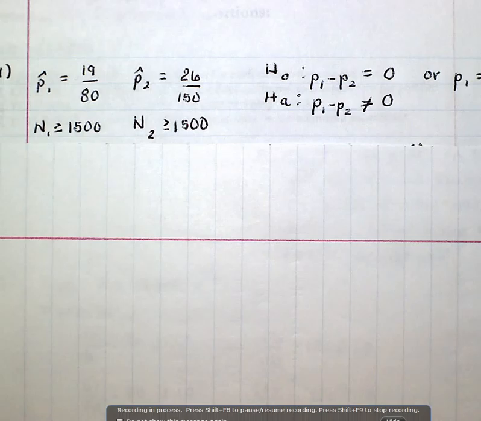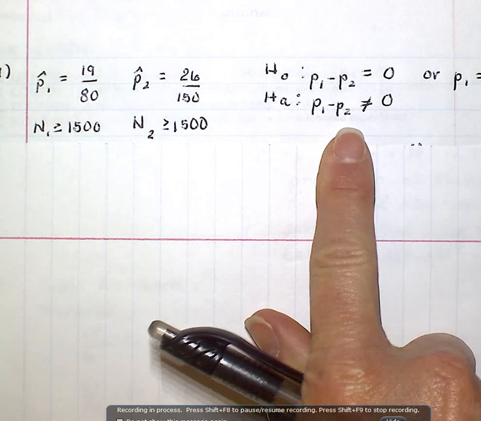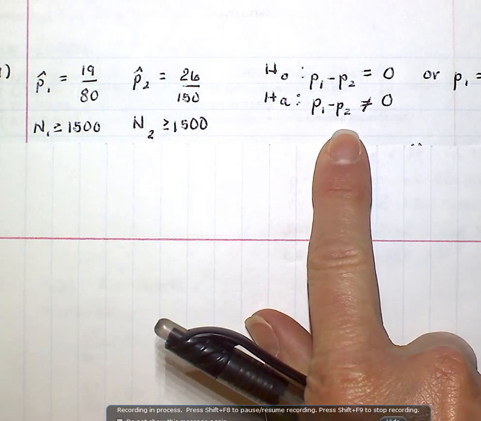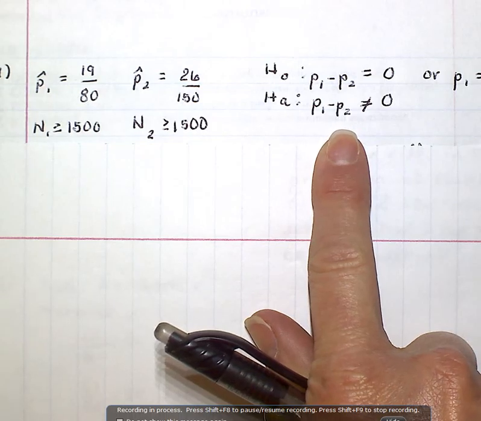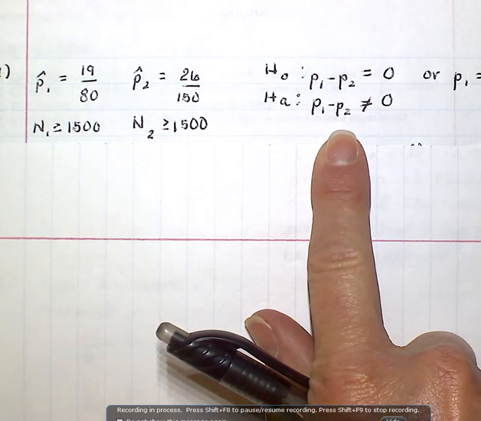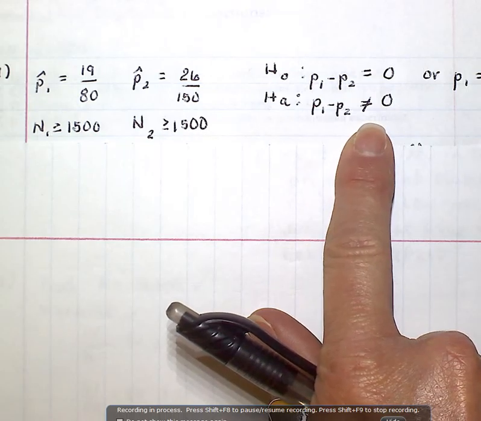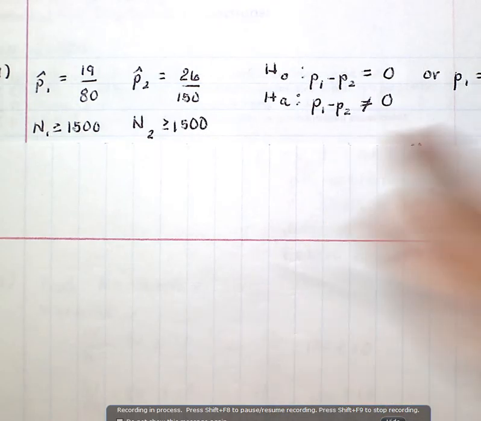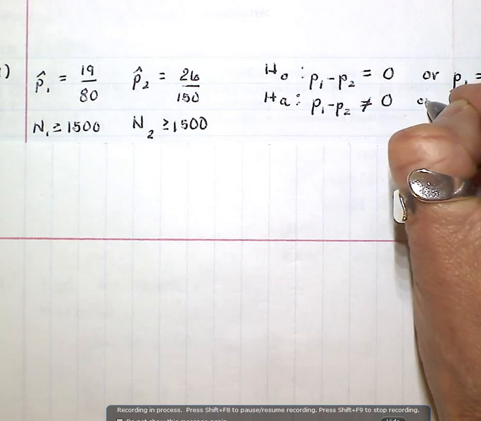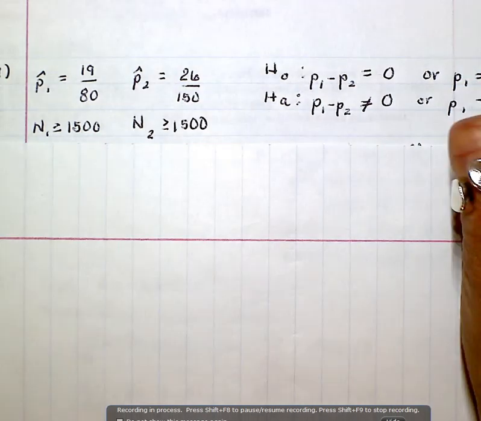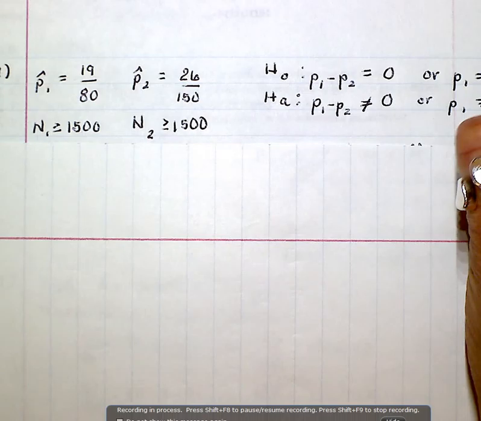They did not specify a direction, if they thought one school had a larger proportion of kids that come without having eaten breakfast than another. So they just said, is there evidence of a difference? So it's a two-tailed test. That could be written as p1 is not equal to p2. So you can choose to write it in either way.